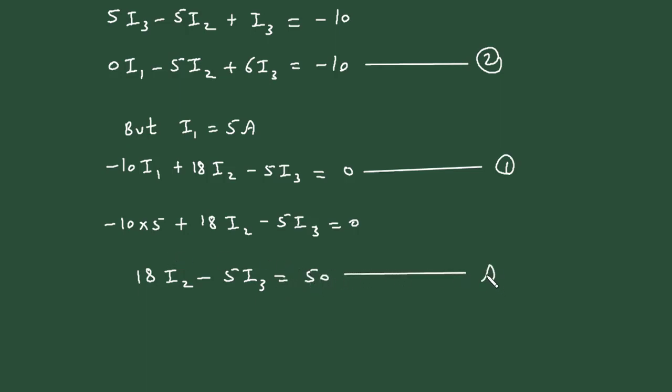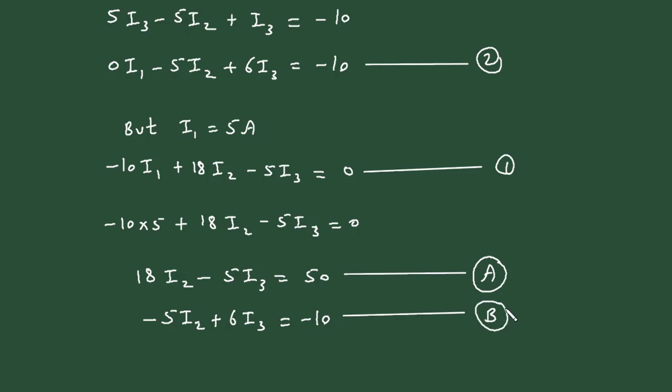Now let's say this is equation A. And from equation number 2 we can skip this I1, because in this equation also the I1 is absent. So it will be minus 5 I2 plus 6 I3 is equal to minus 10.